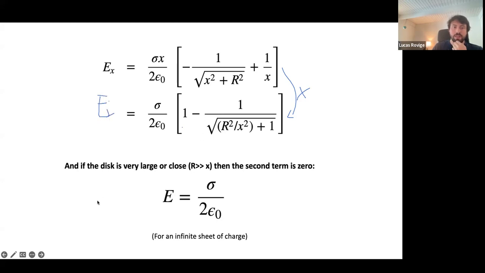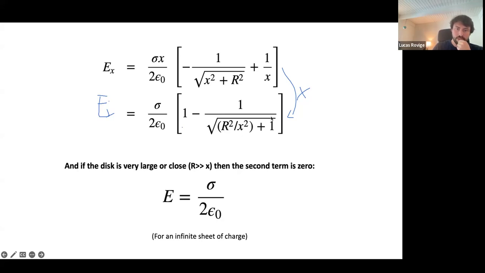And now we can again apply the reasoning where we consider that the disk is very large. For instance, if we consider a disk that is infinitely large, it becomes just a fully charged plane. We take R very large compared to x.